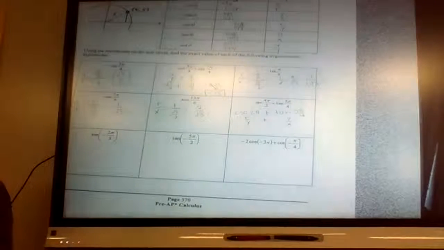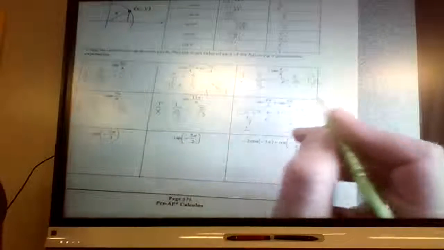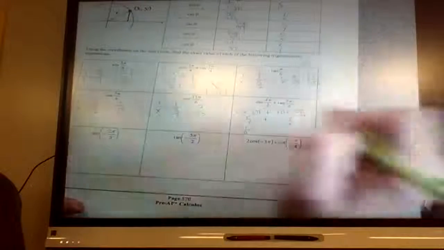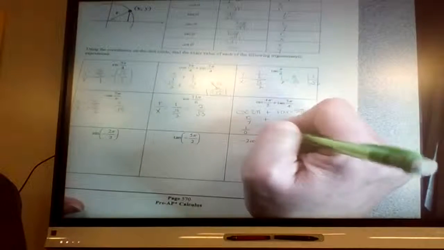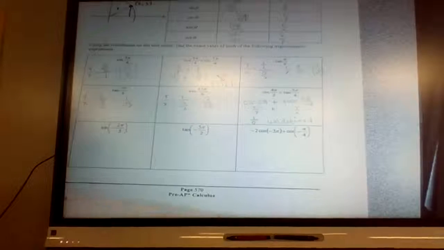What's r for 2 pi? 1. What's y for 2 pi? Can I do that? Is that allowed? No, this is undefined. Division by 0 is undefined.